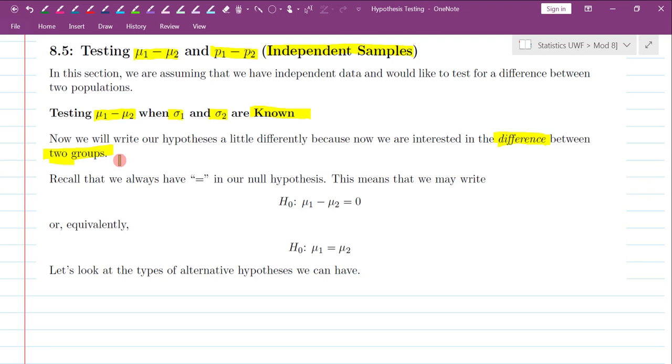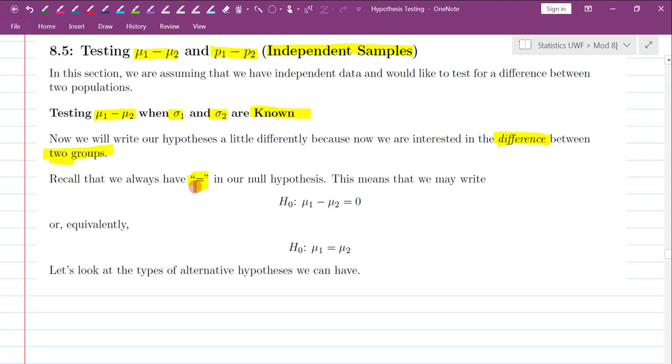So those would be examples of when we might want to compare the effectiveness of something between two different populations. And remember, these are independent, and we'll go over dependent in just a few minutes, but what we're talking about right now are independent samples and independent populations. So recall that we always use an equal sign in our null hypothesis, or just the opposite of the alternative.